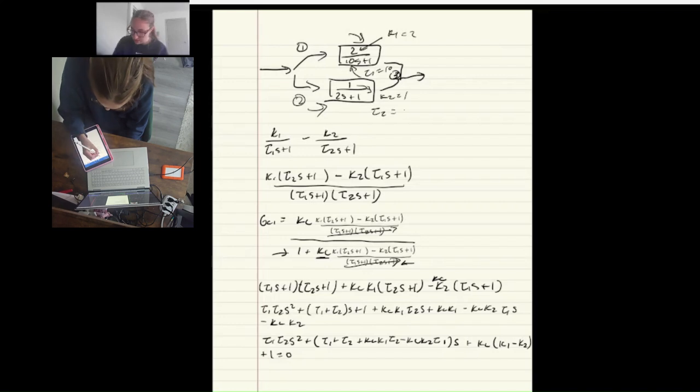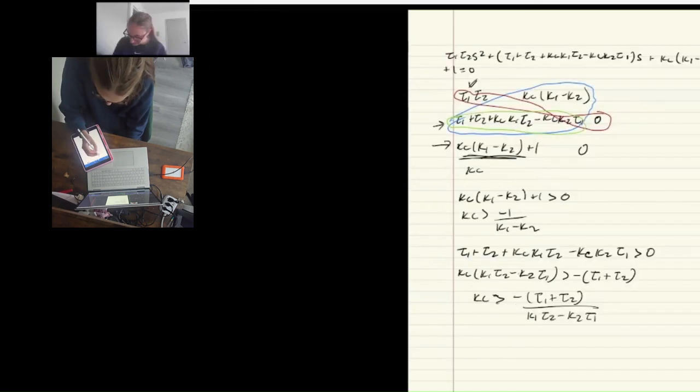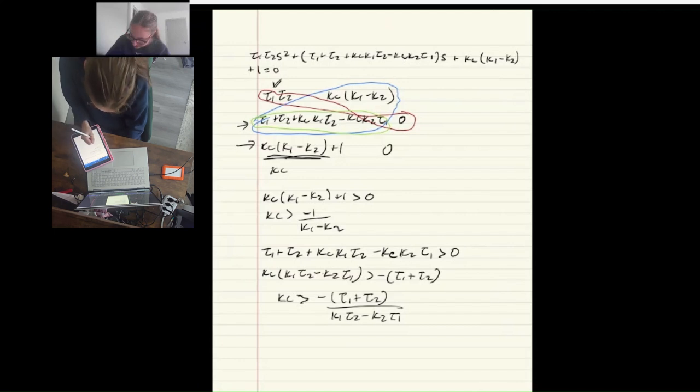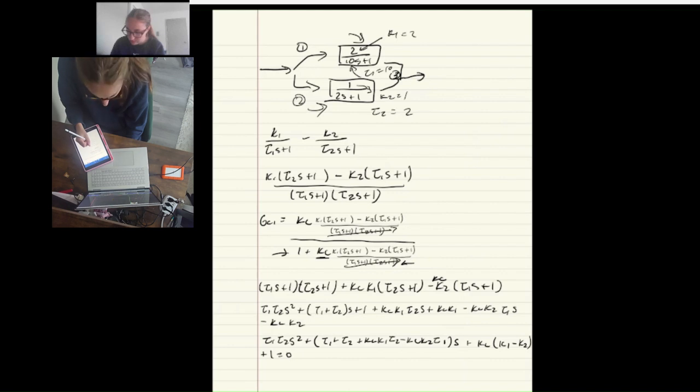Okay, so if we go back over, we have Kc is equal to -1, and then our K1 is going to be 2 minus 1. So this is equal to -1.